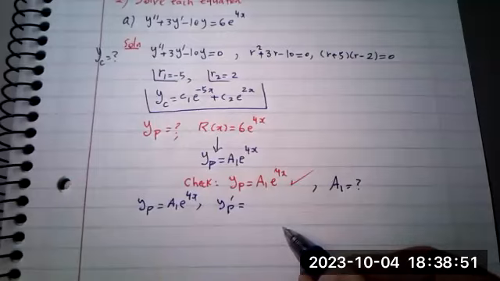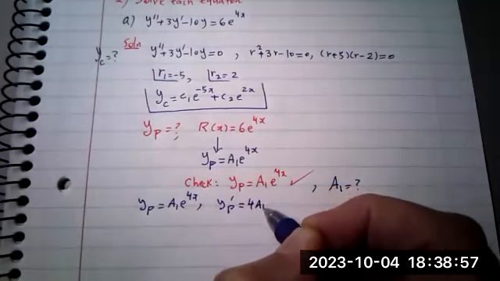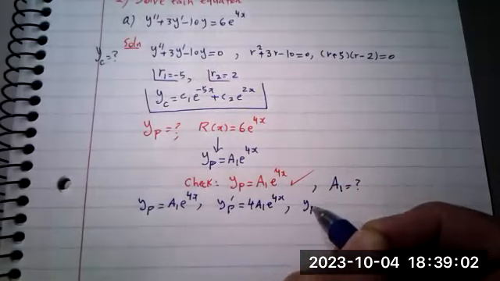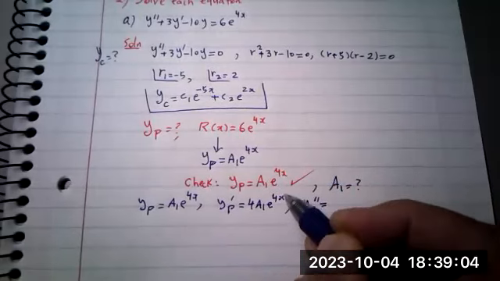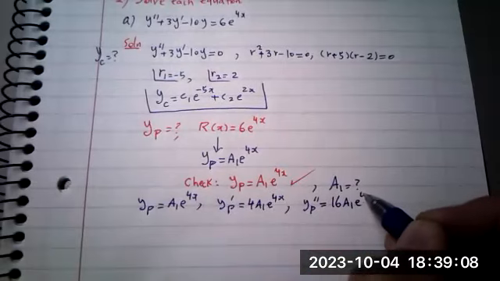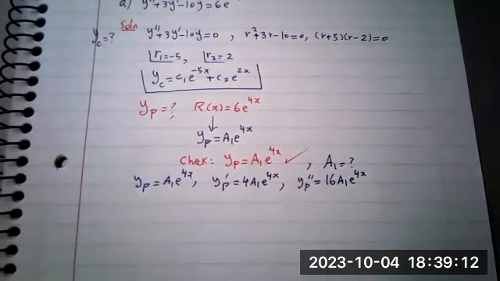Exponential function never changes, but you have to multiply by u prime. The derivative of 4x is 4. So y prime is 4 a1 e to the 4x, and y double prime is 16 a1 e to the 4x. The derivative of an exponential function is the exponential function times u prime.